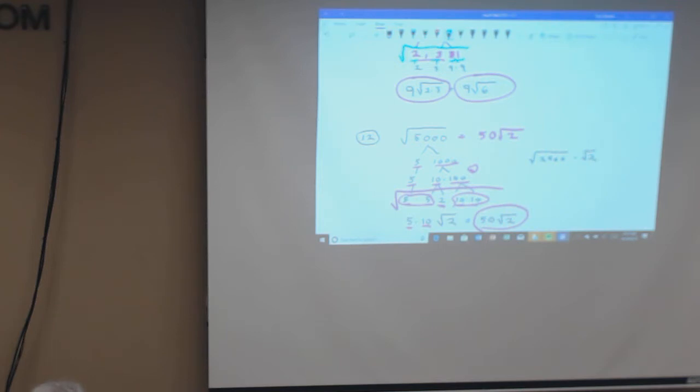Yeah. 50 is the square root of 2,500. So if I know that, I can just go, this becomes the square root of 2,500 times 2. So see what happens? Then it becomes 50 times the square root of 2.